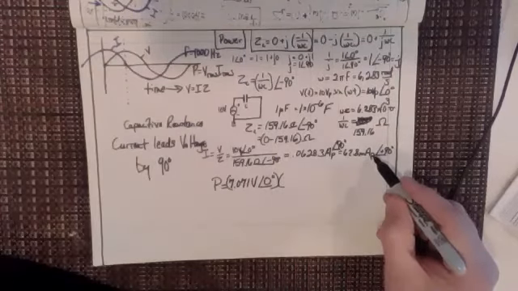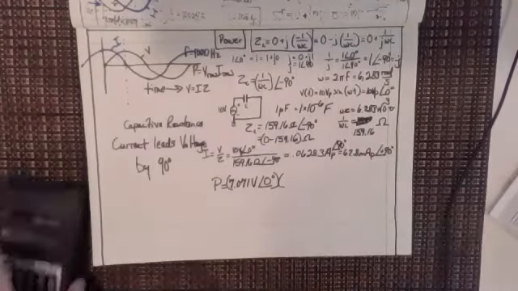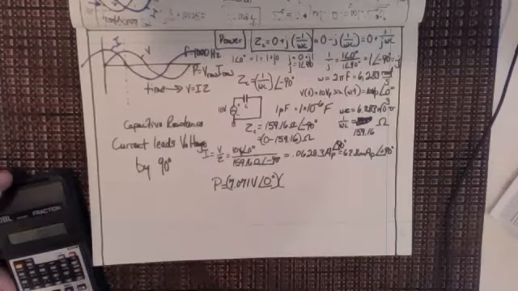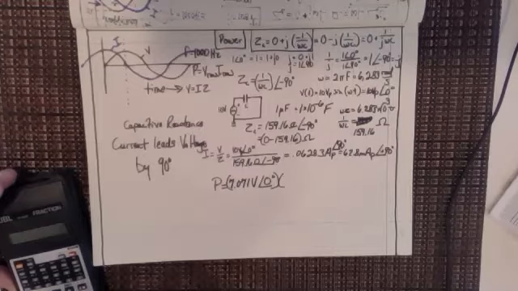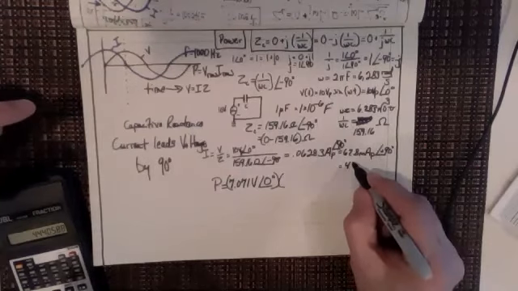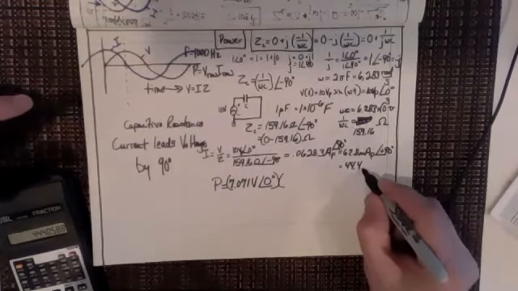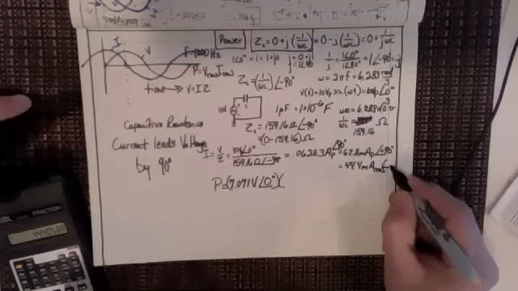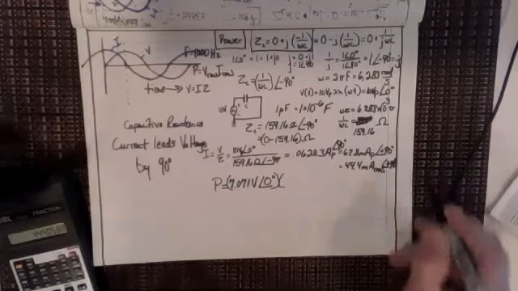Well, as you can see right now, we've got the current 62.8 milliamps peak, right? So if I have 62.8 milliamps peak, that means that that's going to be equal to 44.4 milliamps RMS.